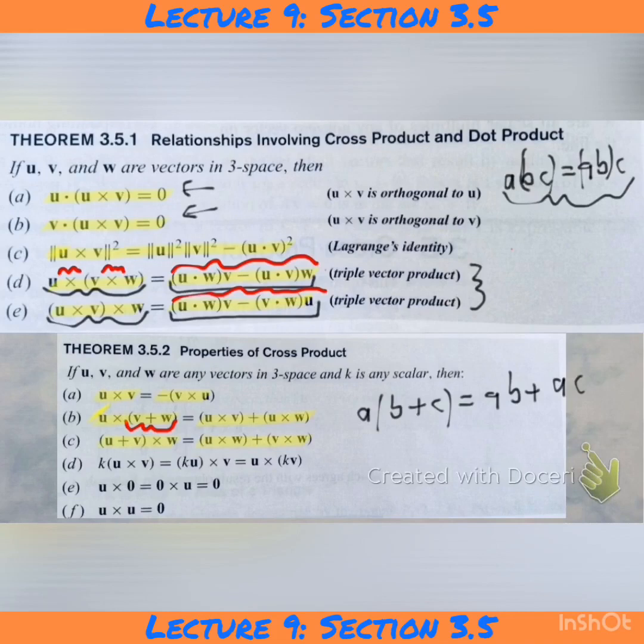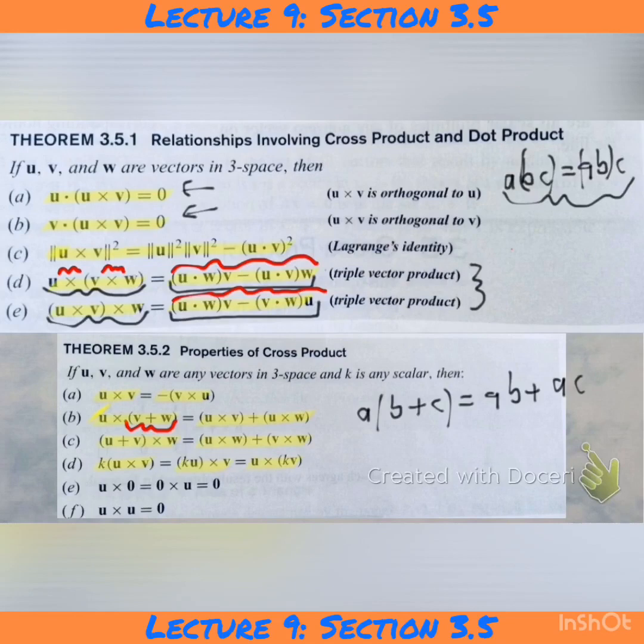And when it comes to the scalar multiple of a cross product, it's basically the same as taking the scalar separately with each vector and taking the cross product with the other vector. So scalar multiplication works very similarly in a cross product.